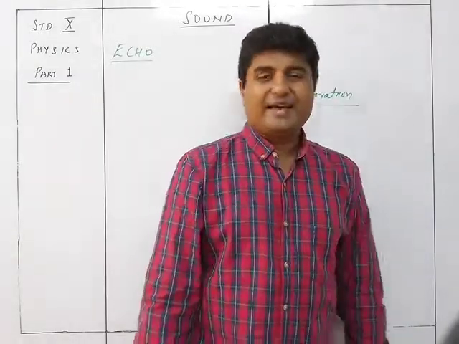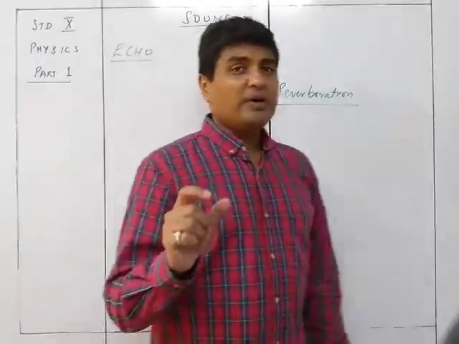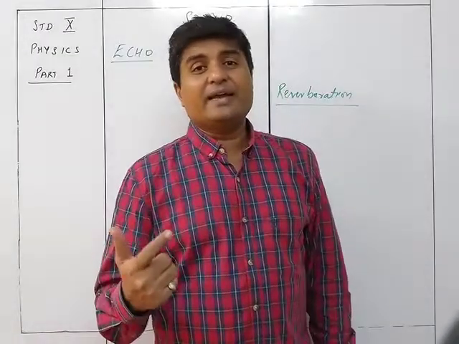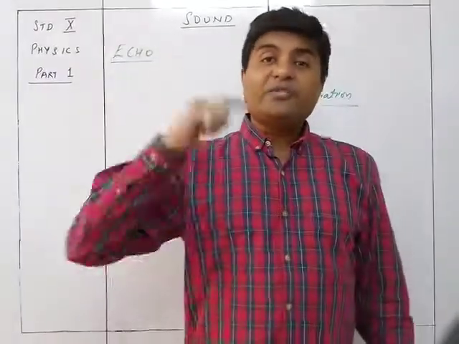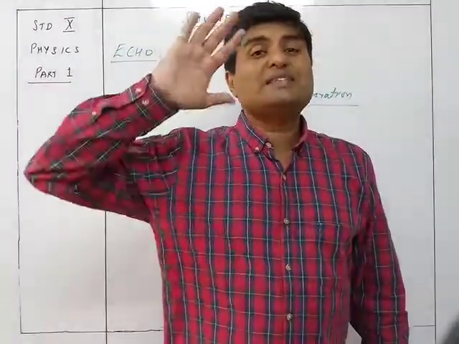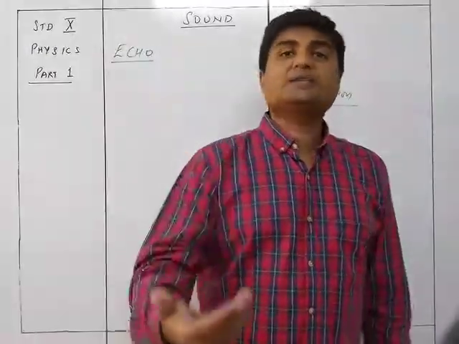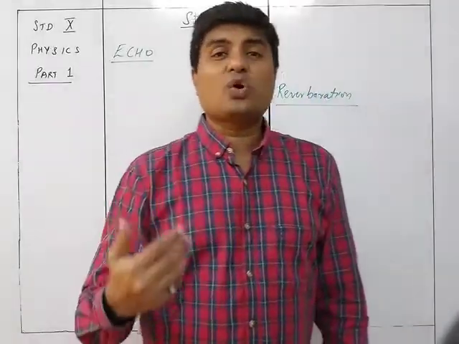The important thing here is, first, that it is reflected sound. Second, it is heard after the original sound has been completed. When that is heard, it is called an echo.